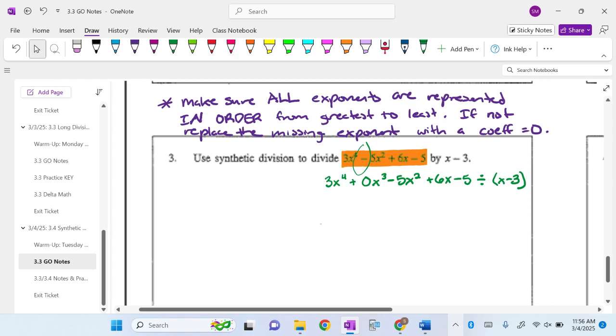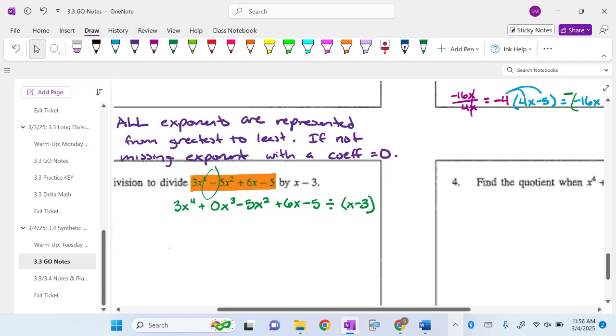Now, that also means that if it's not in standard form, you also need to write it in standard form first. Remember, standard form is when you're going from highest exponent to lowest.